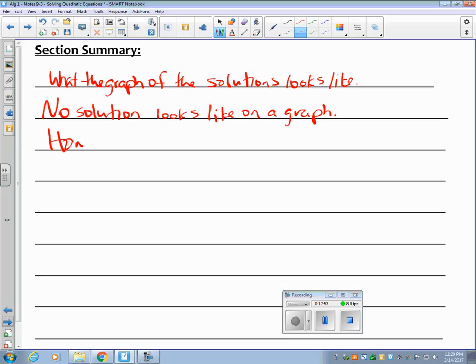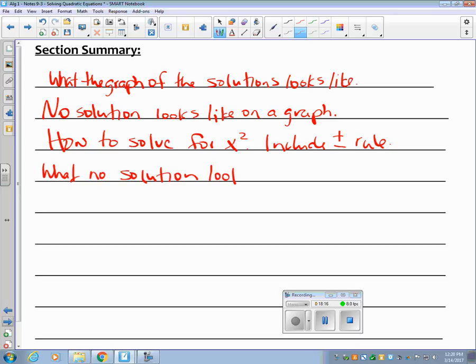Make sure you tell me how to solve for x squared. Include the plus and/or minus rule.